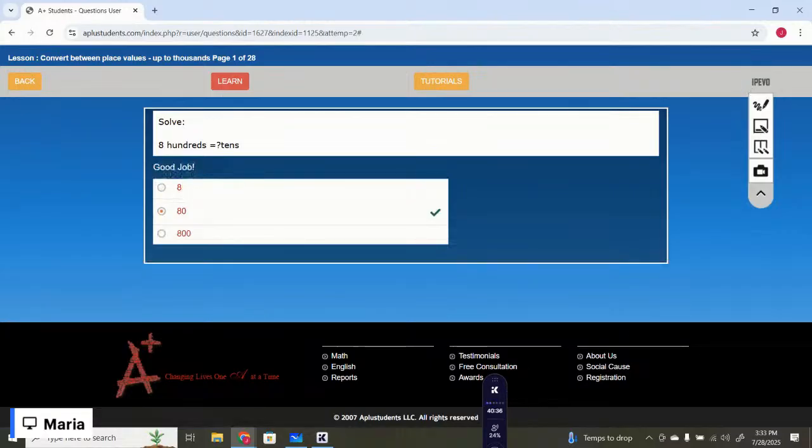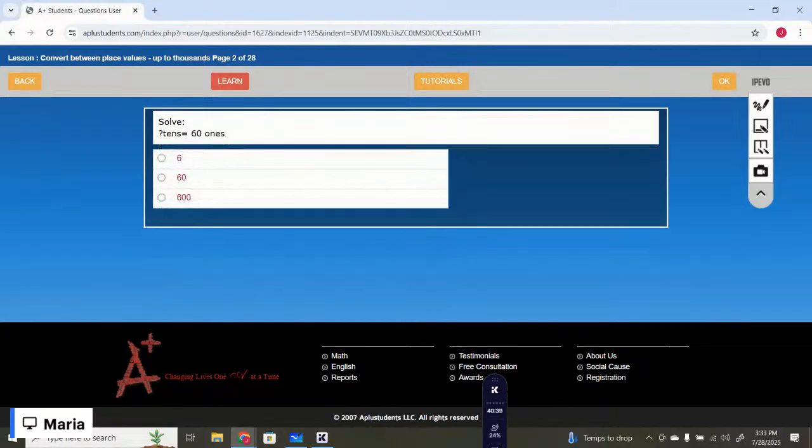Option number 2 is the correct option. 60 ones equal how many tens? 60 ones equal 6 tens.